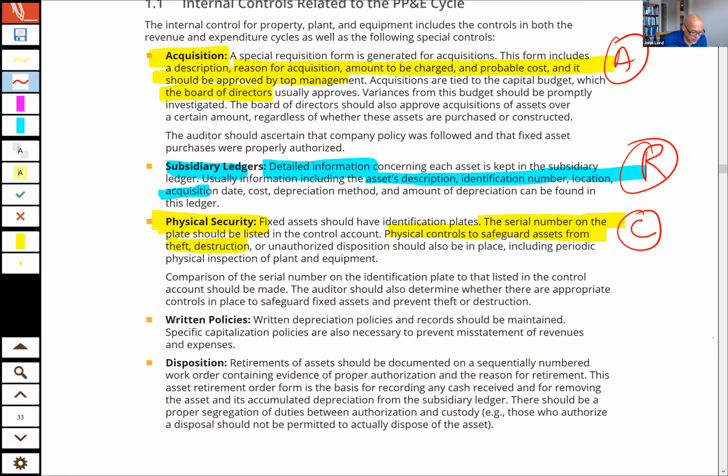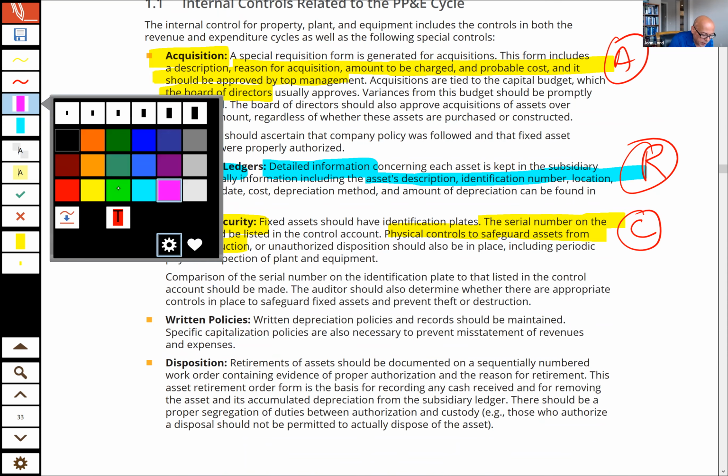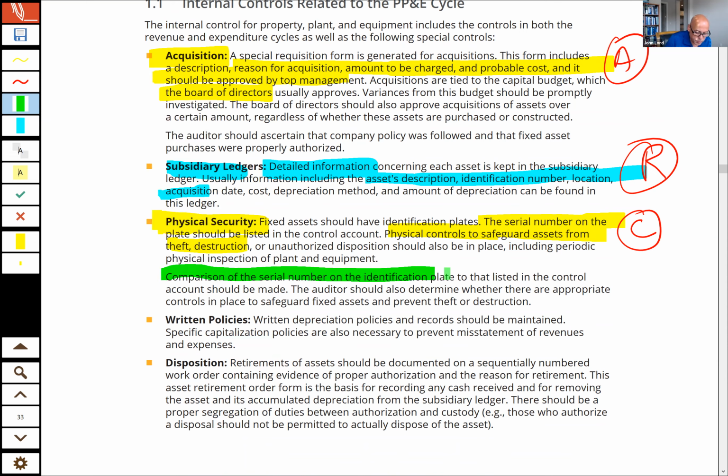Now, they give us here a really good thing that I want you to flashcard, and it's really describing an internal control for us, okay? So comparison of the serial number on the identification plate to that listed on the control account should be made, okay?